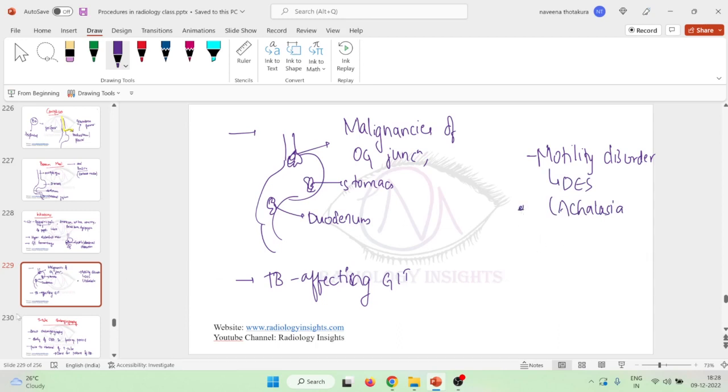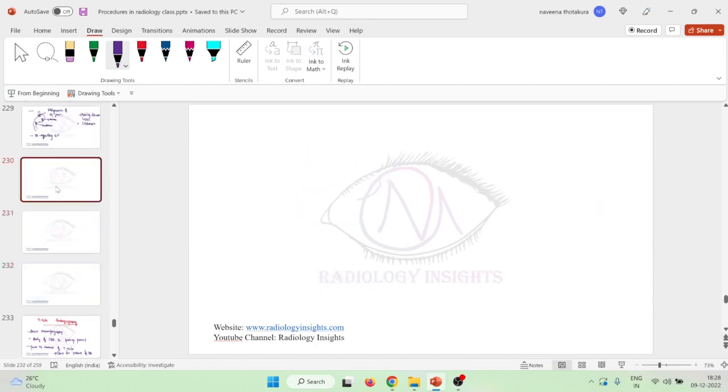Then this barium meal can also be used in children. In children, we can use this barium meal to diagnose the cause of vomiting. If the child presents with vomiting, then we can use barium meal.